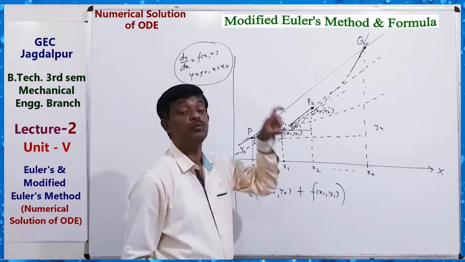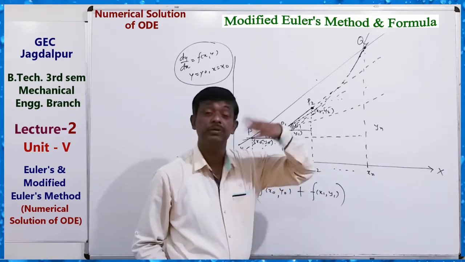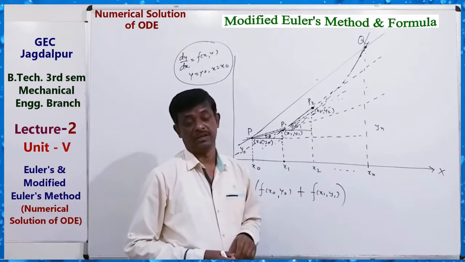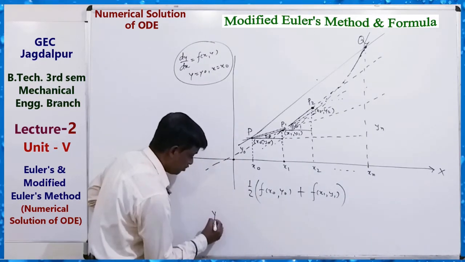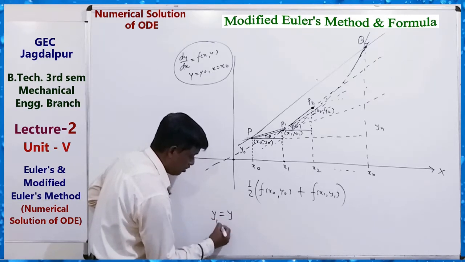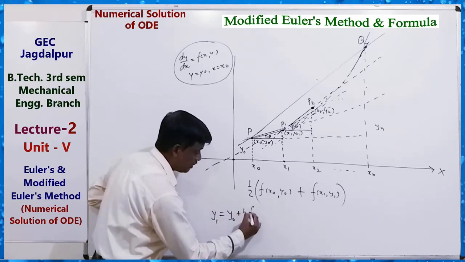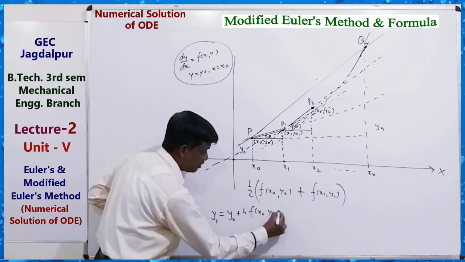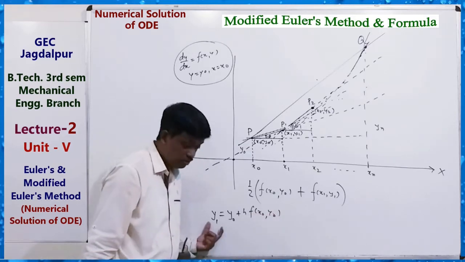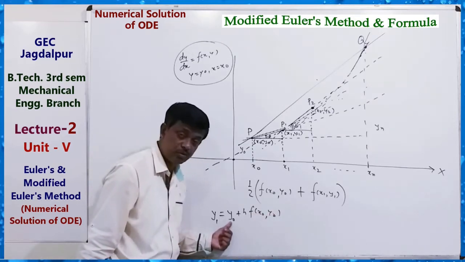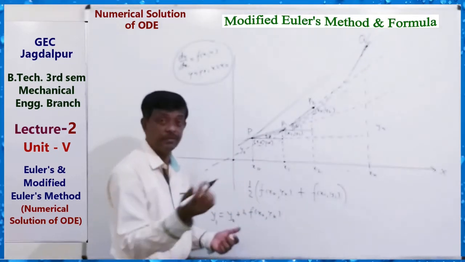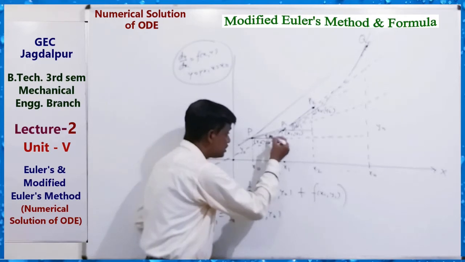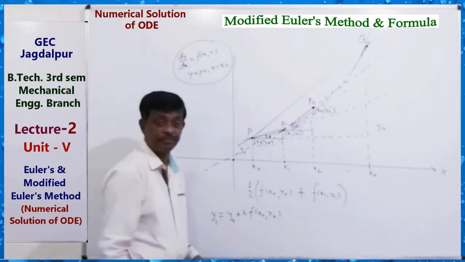We can get the new value of y by using the previous value of y, because here we know y1 equals y0 plus h into f(x0, y0). For getting the new value, just the previous value of y is used. Here the initial value is given. Just using this tangent, we get y1.